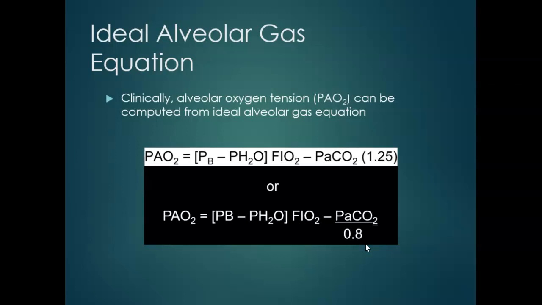So when you're looking at the big A in any calculation or any reference, that's capital A, that is talking about alveolar. The lowercase a over here is talking about arterial partial pressures. So big A is alveolar, little a is arterial.